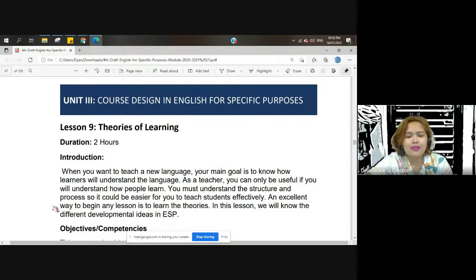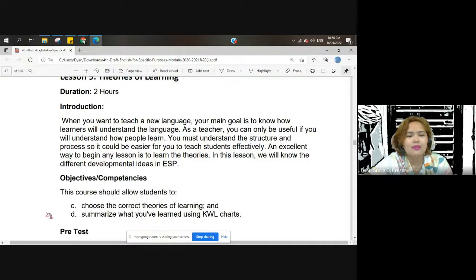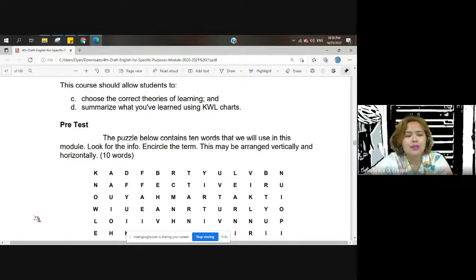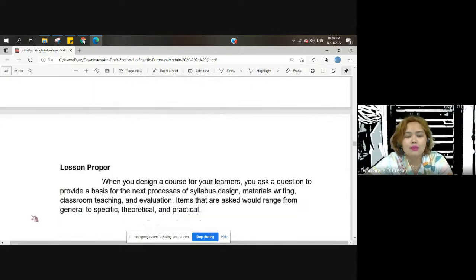And we have lots of theories for language learning. And with this lesson, we will discuss all those theories that involves ESP. ESP is actually different from the general education because, we've already discussed, it depends on what your learner needs and whatsoever. So ibang iba siya. Now, let us now begin with our lesson.